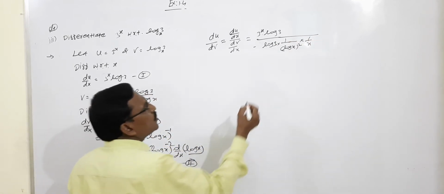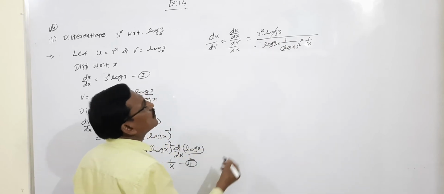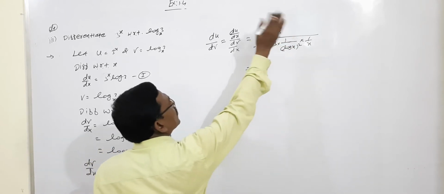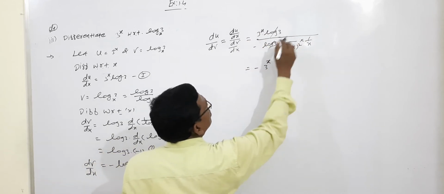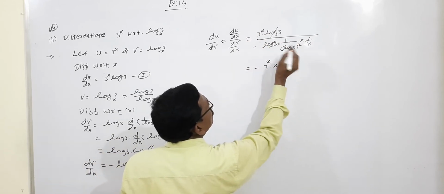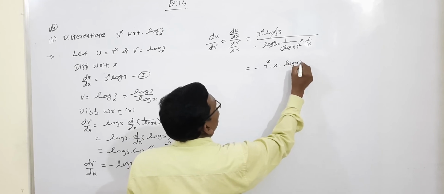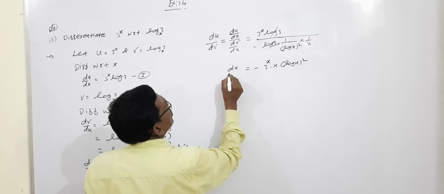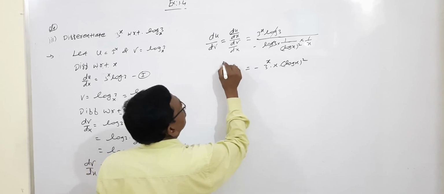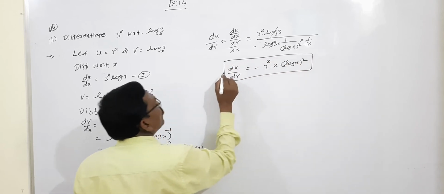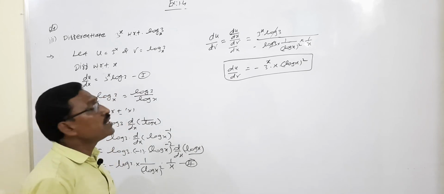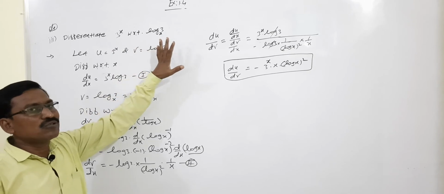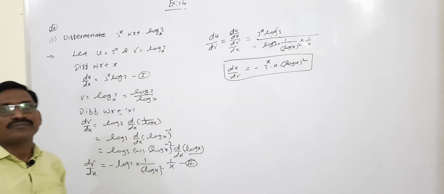Here log 3 will get cancelled. There is only minus 3 raised to x into x into log x whole square, and this is du by dv, the derivative of 3 raised to x with respect to log 3 to the base x.